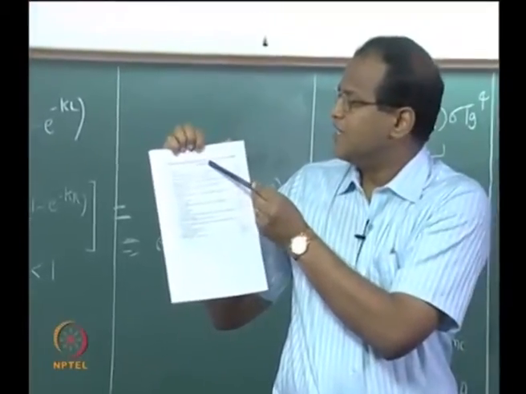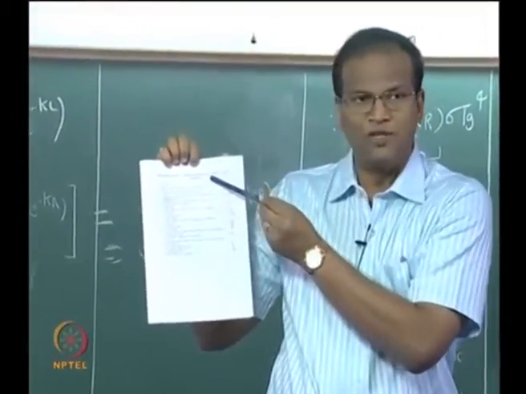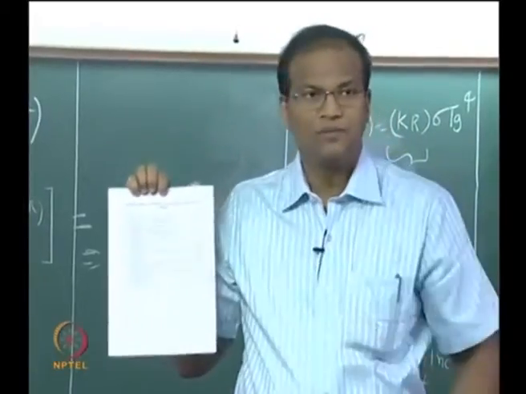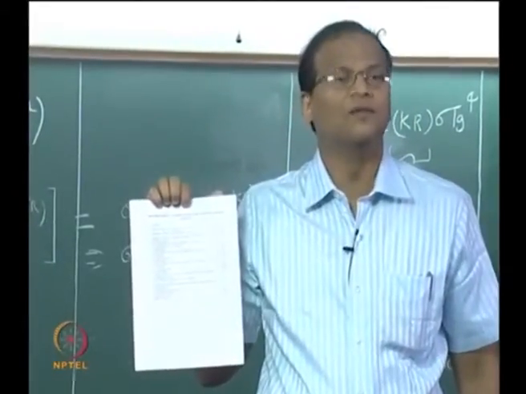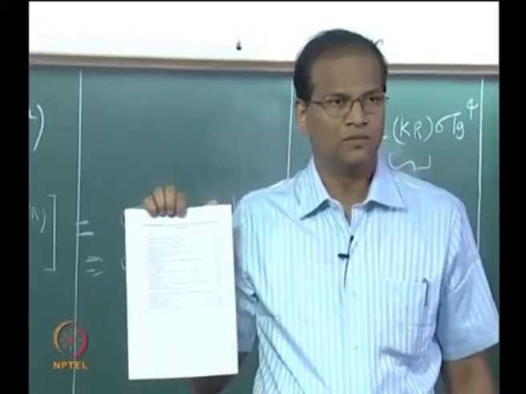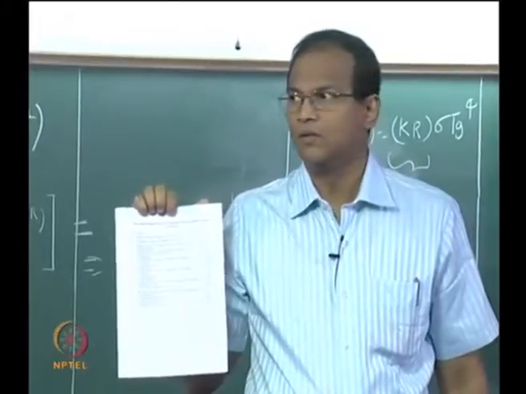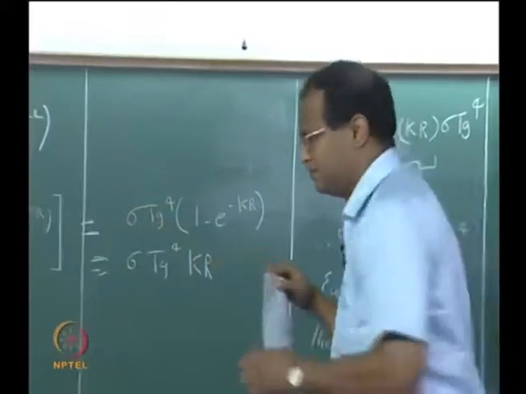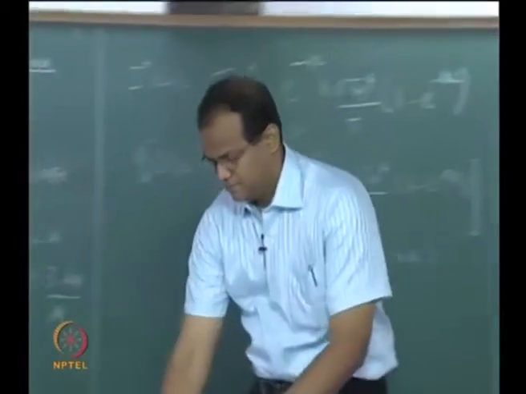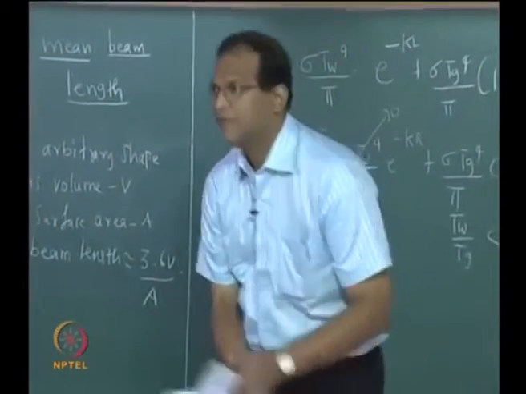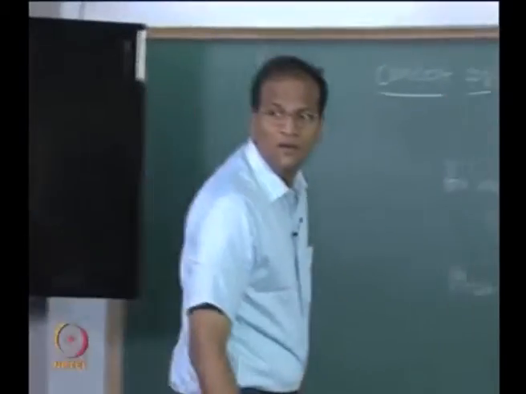Mean beam length for radiation from the entire gas volume in common geometries. Mudit, you got it? You have a problem? What's happening? Yeah, you can keep that. There should be 4 sides. Alok.